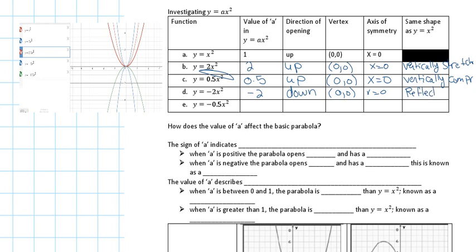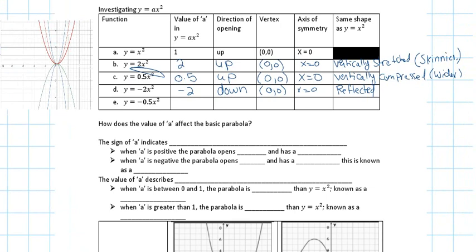You're going to see me writing vertical stretch as VS, okay? VS. And then my next one, my A value is negative 0.5. Which way does it open? What's my vertex? Reflected and vertical compression, which is VC.